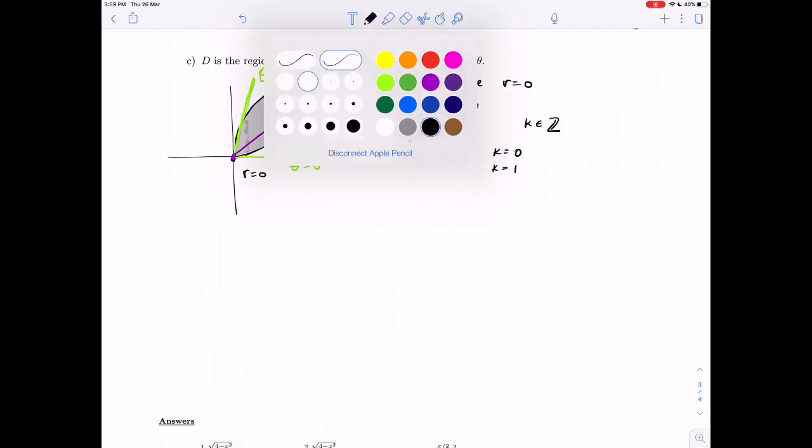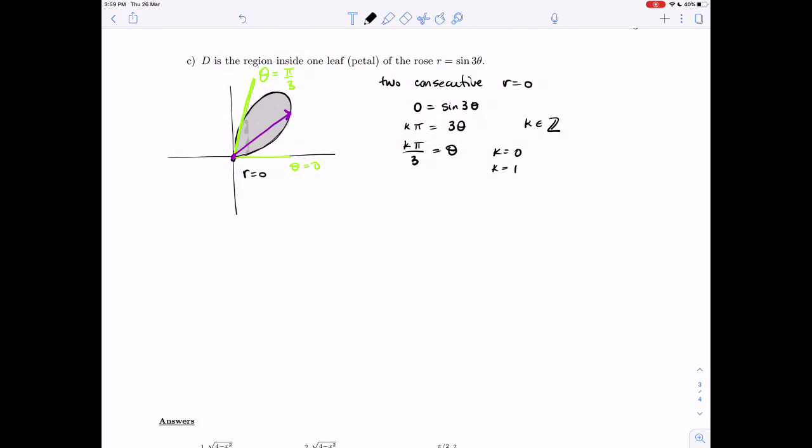So the inequalities that are going to describe this region are, for theta, 0 is less than or equal to theta is less than or equal to pi over 3. And for r, 0 is less than or equal to r is less than or equal to sine of 3 theta. So again, the area of any region D is the double integral over the region D of dA in either rectangular or polar.